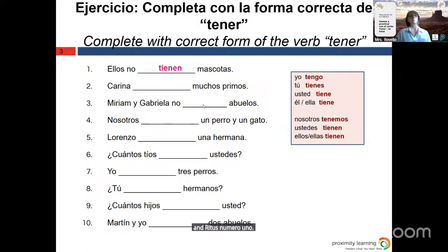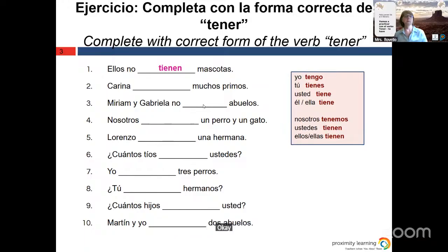Very good, Priscilla. Ellos no tienen mascotas. Muy bien. Ellos no tienen mascotas. Anybody remember what a mascota is? You don't remember that word? Looks like mascot, a pet. Muy bien. So they don't have pets, right, you guys? Muy bien, Carlota. They don't have pets.